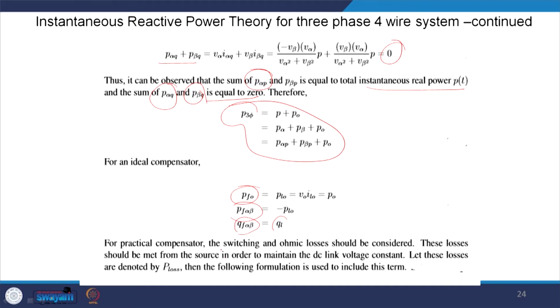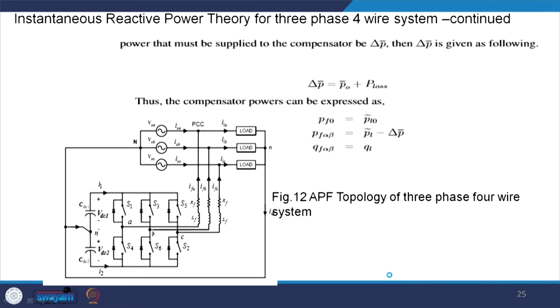In practical compensators, switching harmonic losses have to be considered. These losses should be drawn from the source in order to maintain the capacitor voltage as a constant voltage. Let these losses be denoted as P loss, and the following formulation is to be used. So, we can see what P loss is.